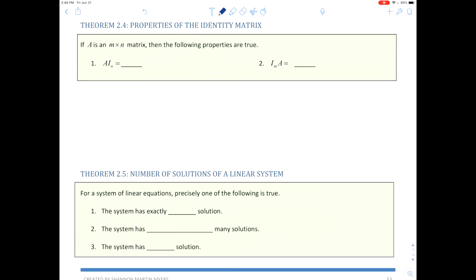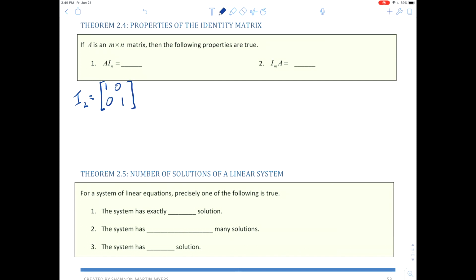Next up, a theorem, properties of the identity matrix. Since A is M by N, you're going to need to have an N by N identity matrix. So the identity matrix, just to show you, like I2, it's going to be the diagonal matrix that has ones down the main diagonal and zeros elsewhere.